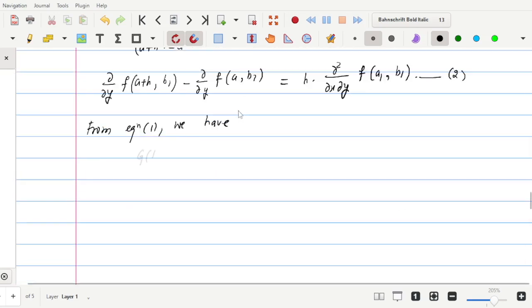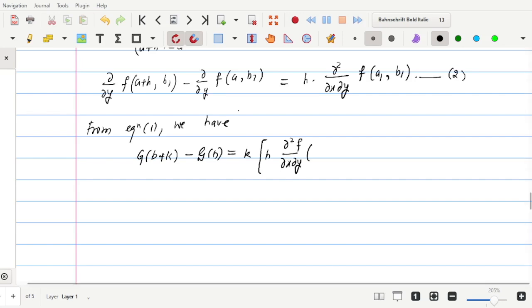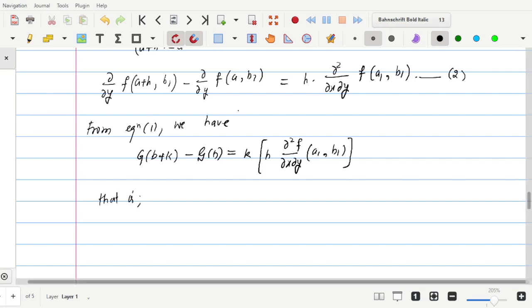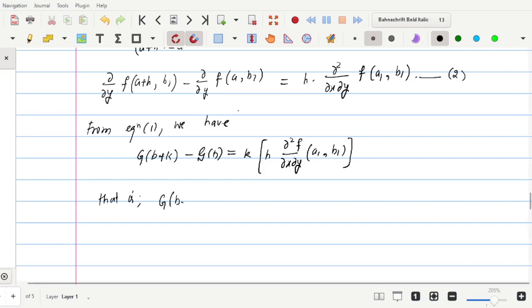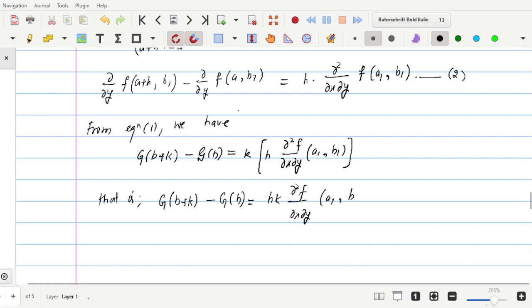So we get g of b plus k minus g of b is equal to k times this expression, which is h del square by del x del y of the function f at the point a1 comma b1. So g of b plus k minus g of b is equal to hk times del square f by del x del y at the point a1 comma b1.